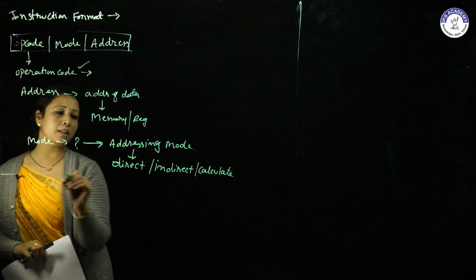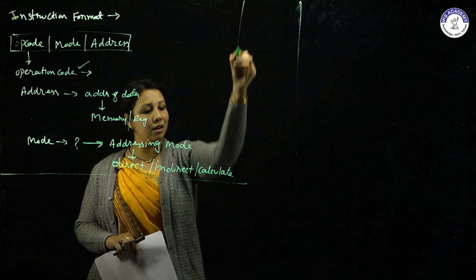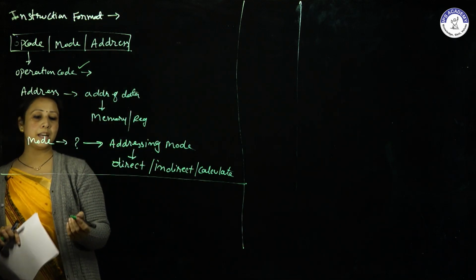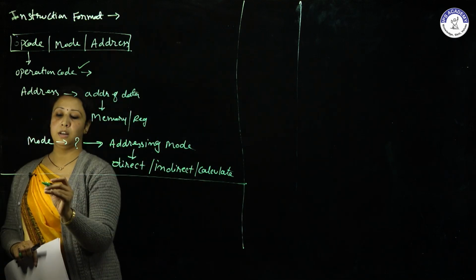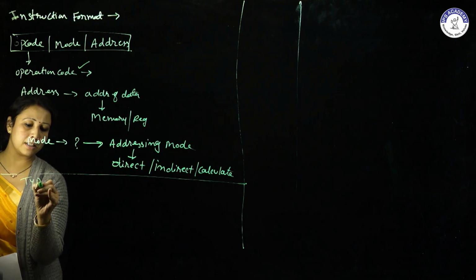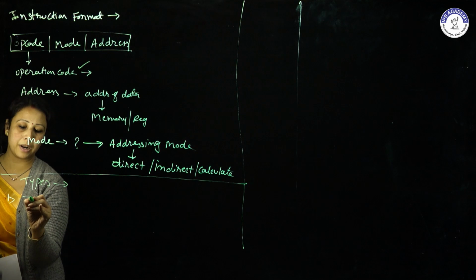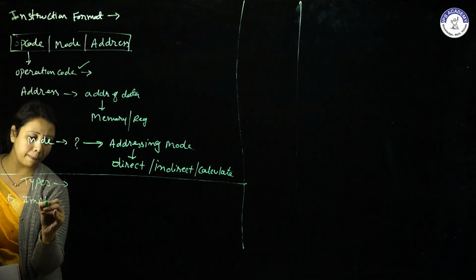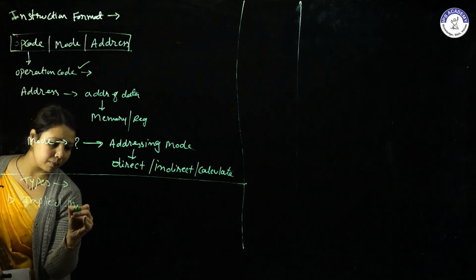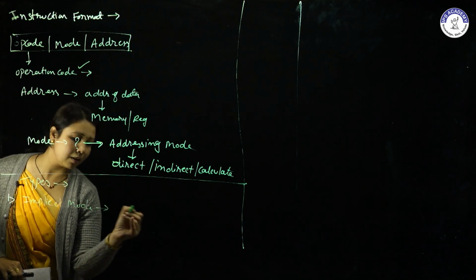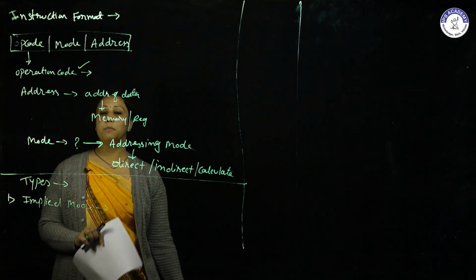So what are the types of addressing modes? There are different types of addressing modes. The first type of addressing mode is implied mode. So what is implied mode?